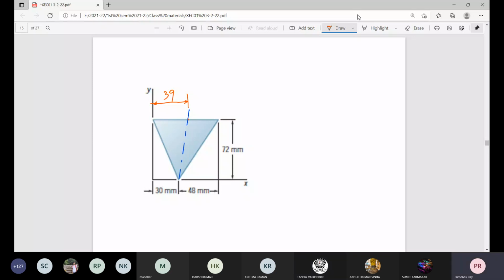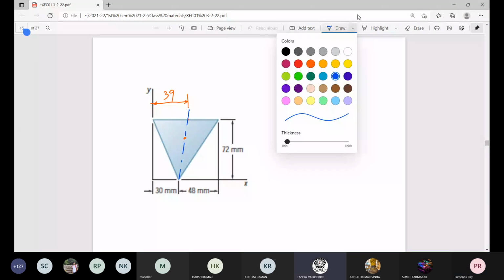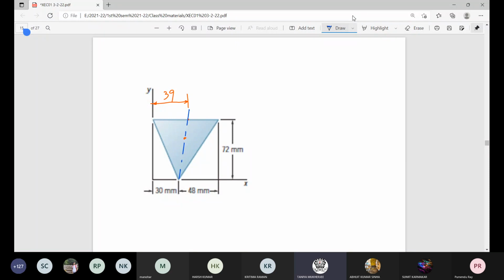We can assume it to be the full rectangle and then subtract the area of those two right angle triangles as well. Definitely, there are so many methods. But just to start with, we will discuss this preliminary information.